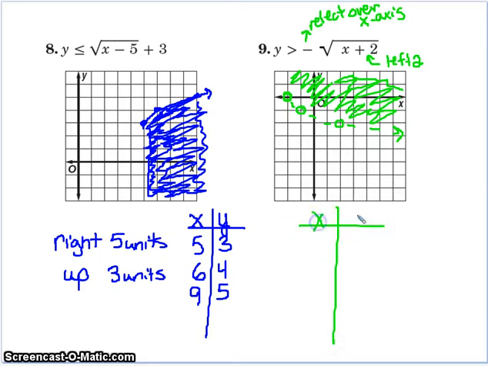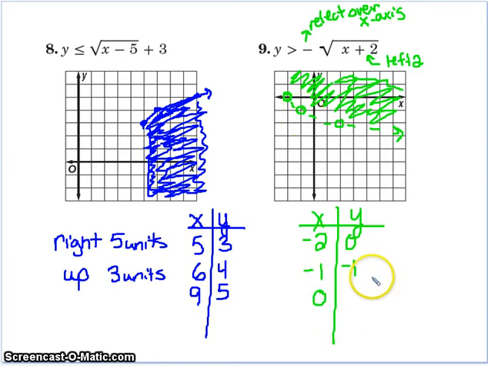If you can at least figure out where to start, if you plug in a -2, -2 plus 2 is going to give me 0. And it doesn't matter if 0 is negative. -1 plus 2 is going to give me 1. And the square root of 1 is 1. But because there's a negative on the outside, that's why I went to -1, -1.